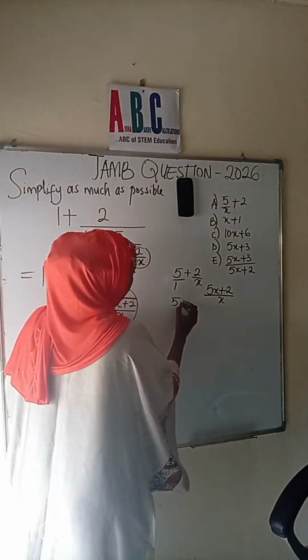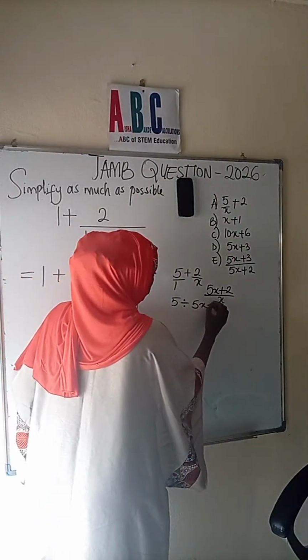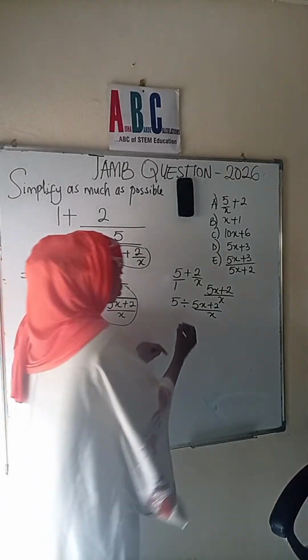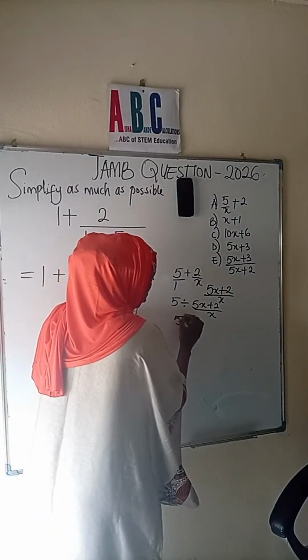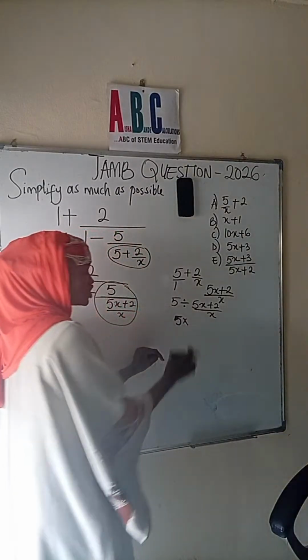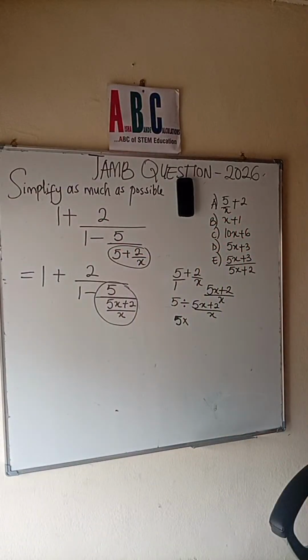So this becomes 5 divided by 5x plus 2 over x, right? Now we want to change the division to multiplication. For those that have been in my class since last week, when the division turns to multiplication, what happens to the fraction that follows it? It will flip.